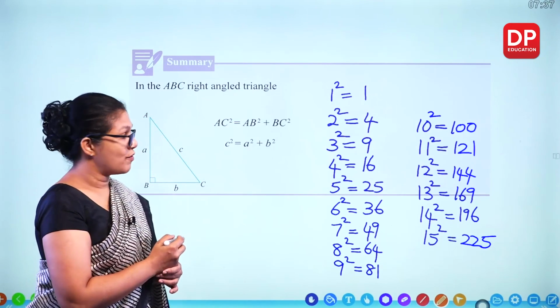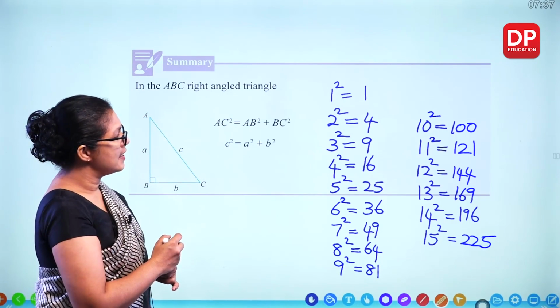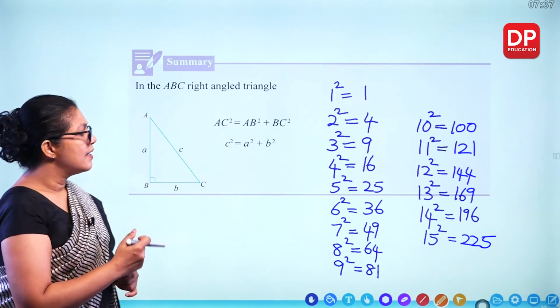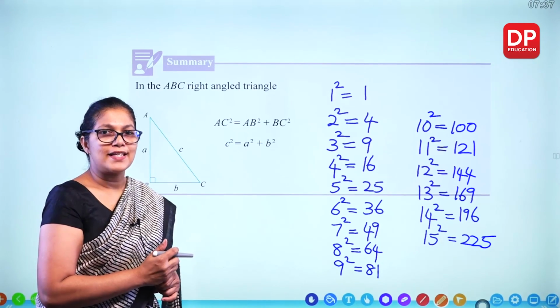So at least if you can remember up to this point, you can easily do the sums related to Pythagoras theorem.